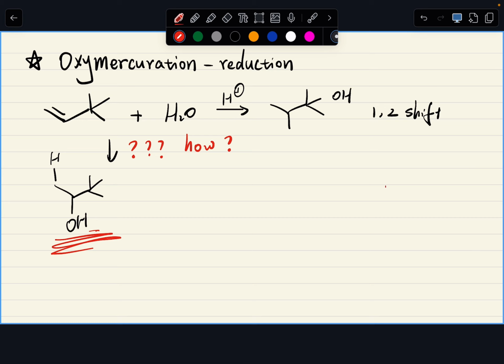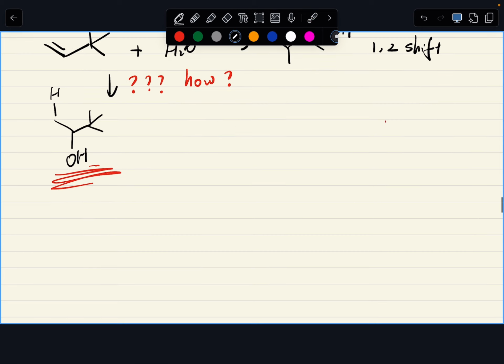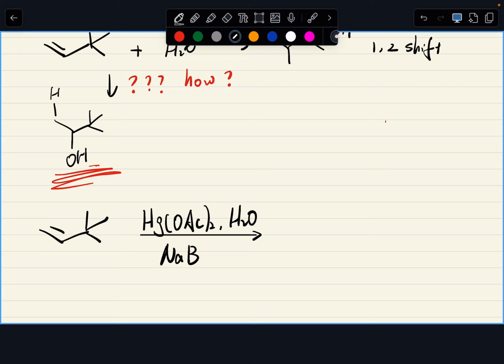So the oxymercuration reduction is the reaction condition allowing for addition of H2O along a double bond without undergoing the carbocation rearrangement. The general reaction condition will be like we have the same reactant, and the reaction condition would involve a mercury reagent, water, and then a base treatment.